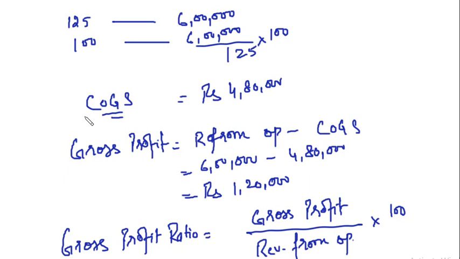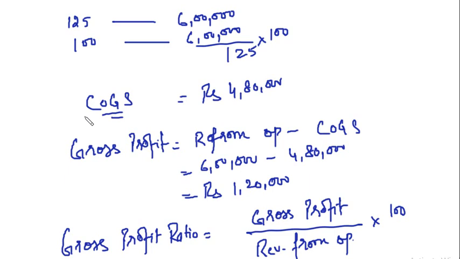Right? So if your revenue is 125, your total revenue is 6 lakhs. Right? So if it is 100, then your cost is 4,80,000. The difference between the two is the gross profit, and from there you can calculate gross profit ratio. Clear, friends?